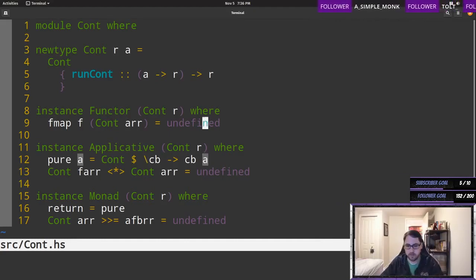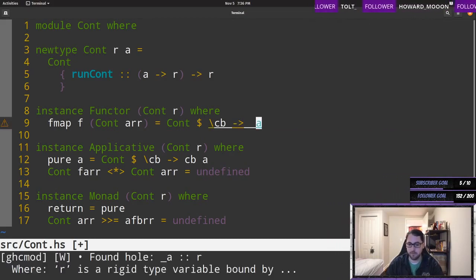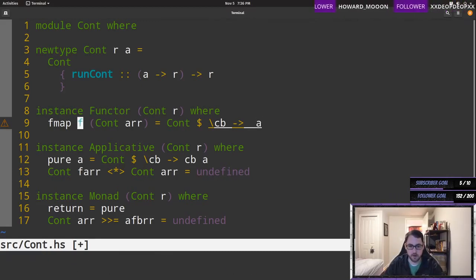So no matter what, if we're doing this one, it's going to be cont callback hole, right? And that hole has type R. So how do we get an R?